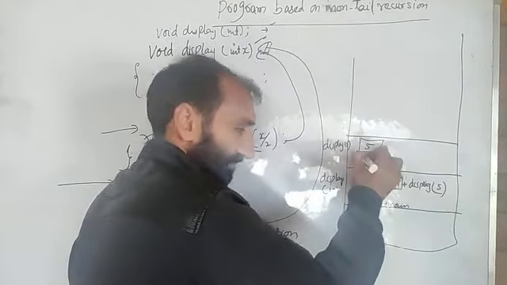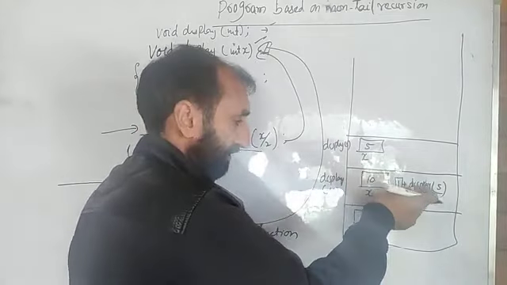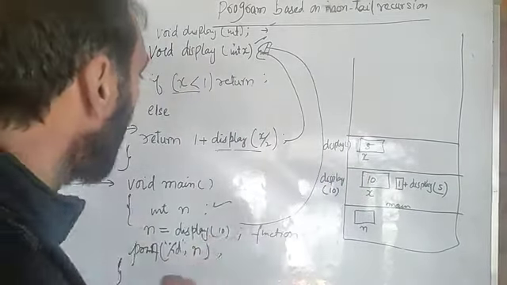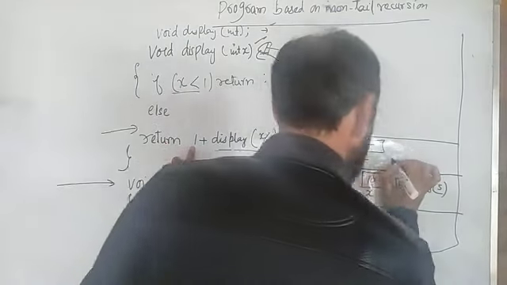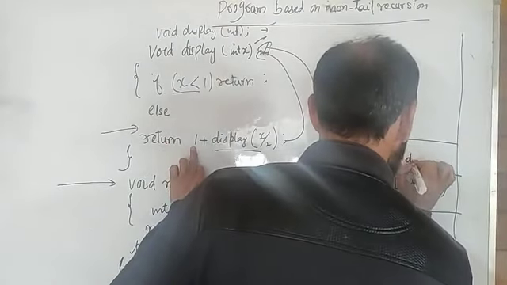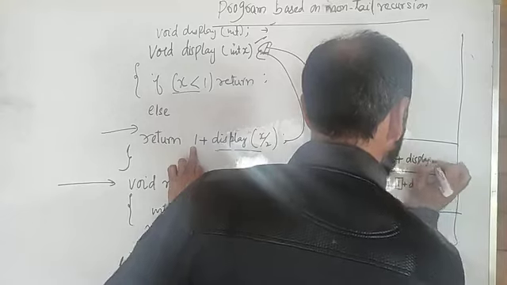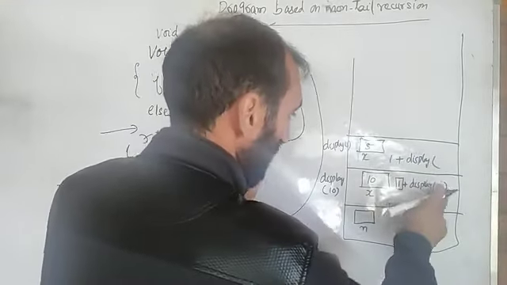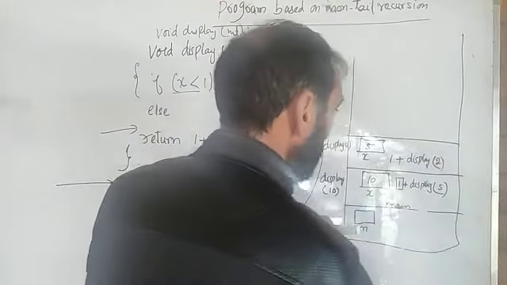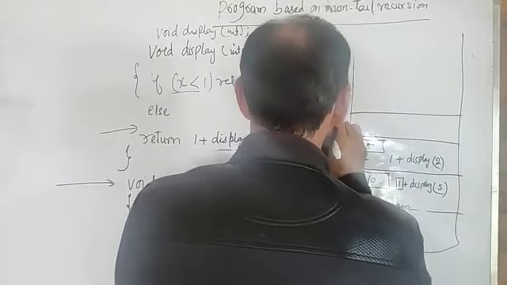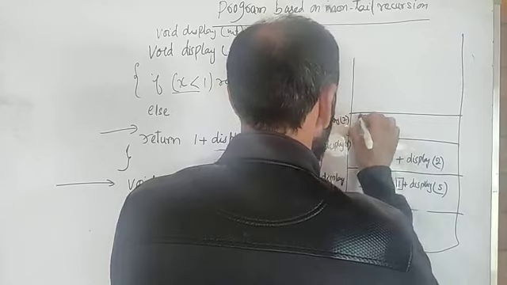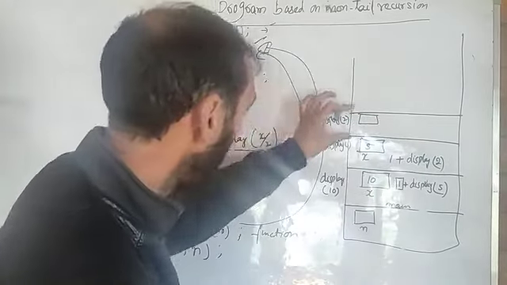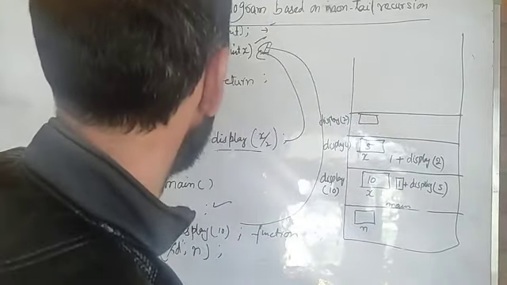Only the function call is going on. So x equal to 5, the condition is false, so return 1 plus display, another function is going to be called by passing the argument 5 divided by 2, that is 2. Display 2 will get called by this display function.